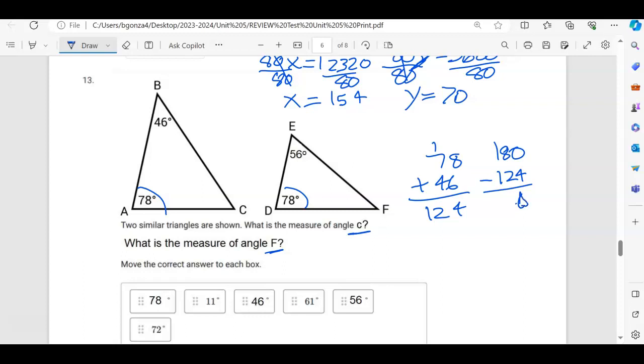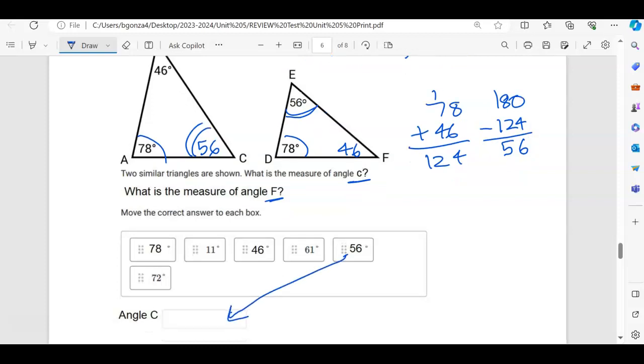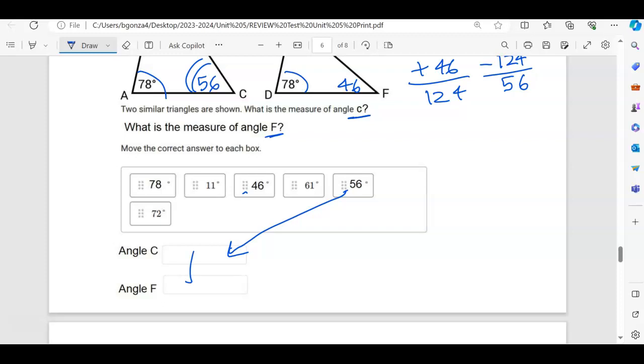What do you know? I end up getting 56, which does match over here. Angle, angle, similarity. So that missing one has to match this angle B, 46, right? Because it would add up to 180. So what's angle C? Well, we already have it there. It's 56. And then what's angle F? Well, we have it in there. It's 46.